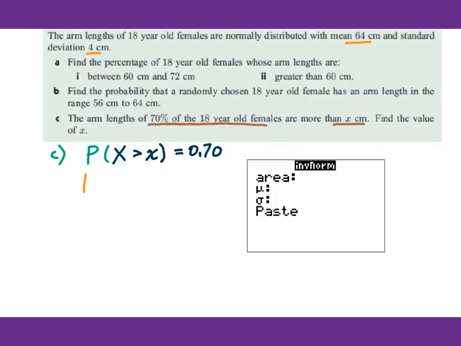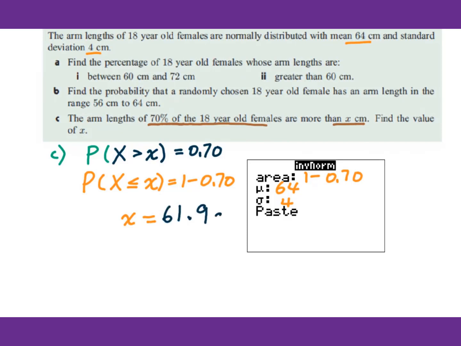But you have to change this into capital X less than or equal to lowercase x equals 1 minus 0.70. So we put in over here 1 minus 0.70. For mean, still 64. Standard deviation will be 4. Then you put it into the graphing calculator, and you will get lowercase x equals 61.9 centimeters.